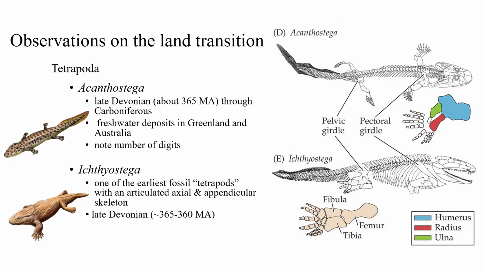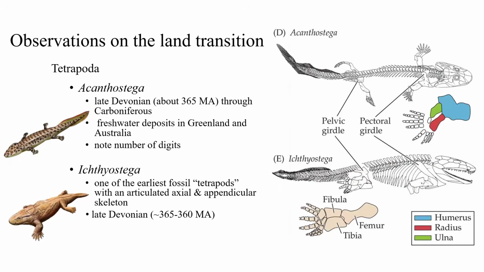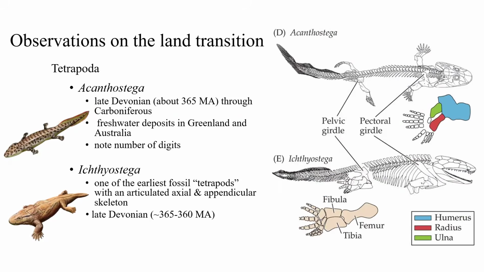Yeah, Trevor. So, the radius in Acanthostega appears to be smaller than it is in Tiktaalik. You mean relatively? Yeah, relatively. Yeah, maybe. Yeah, I mean, I see that.